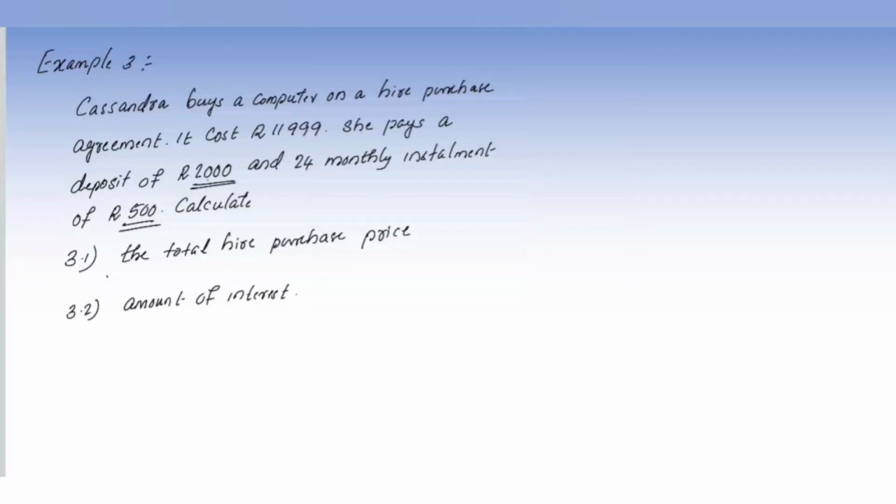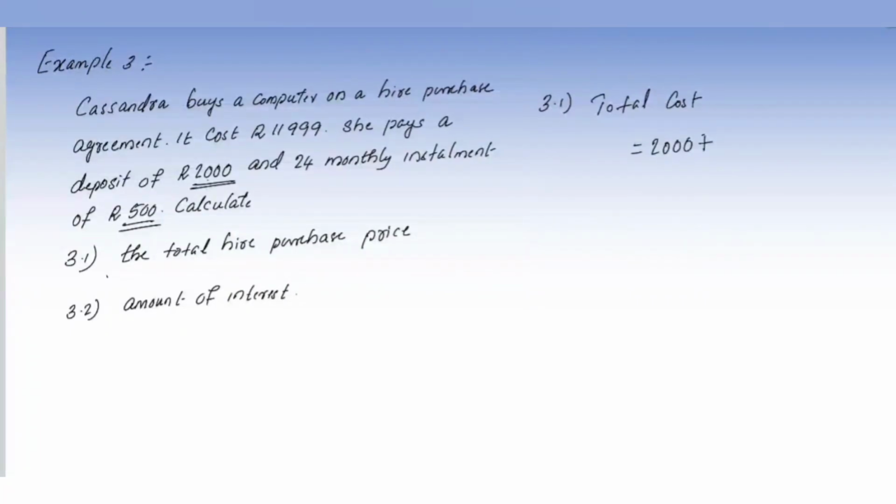So 3.1, you have to calculate the total hire purchase price. So after the whole process, how much amount will go from your pocket? The total cost is equal to, here you have to consider the deposit. What is the deposit amount?